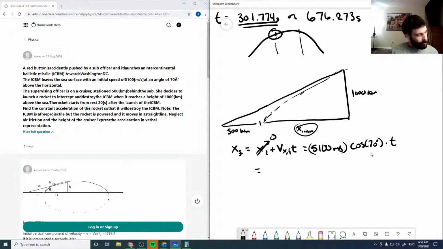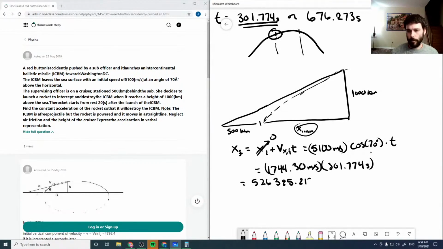where was I here? 1744.30 meters per second times our time, which is 301.774 seconds, which comes out to 526,385.212 meters.